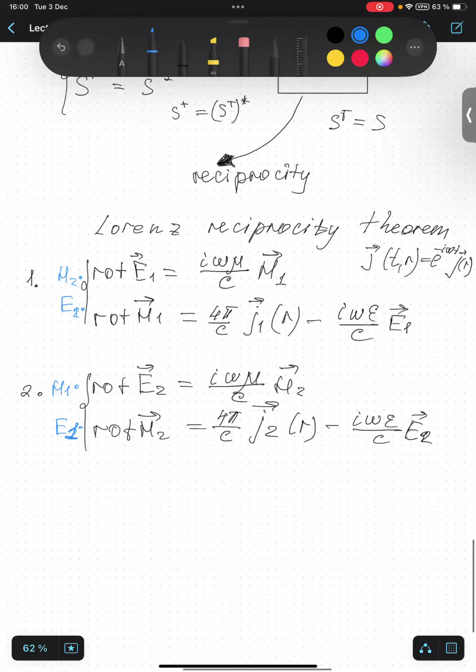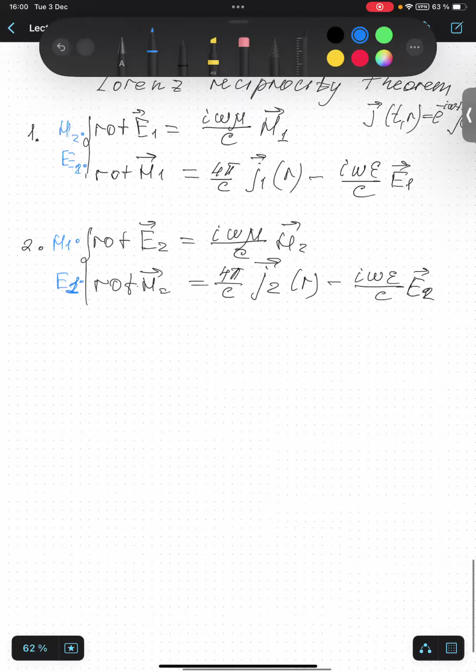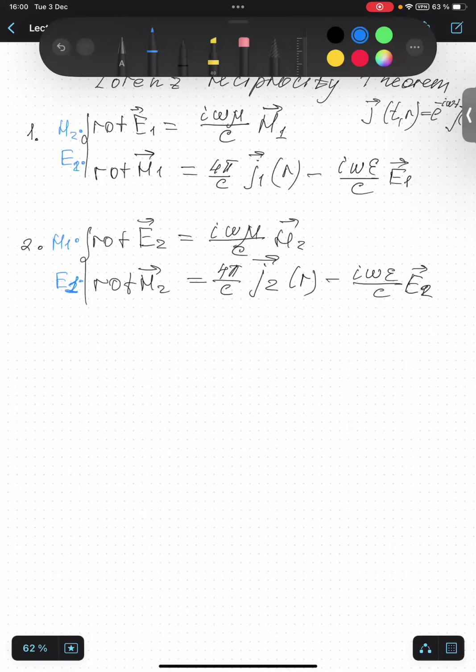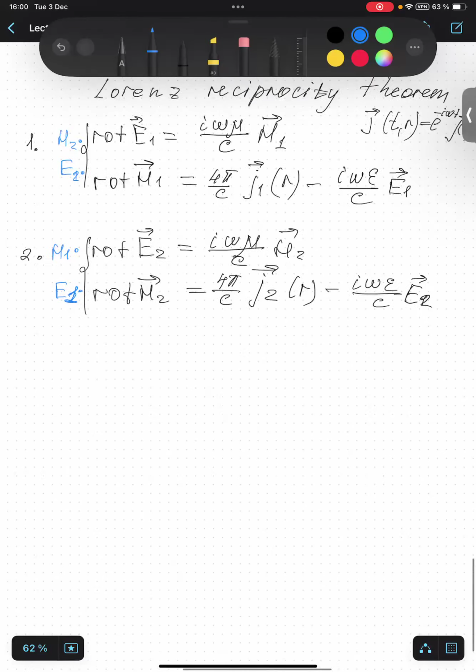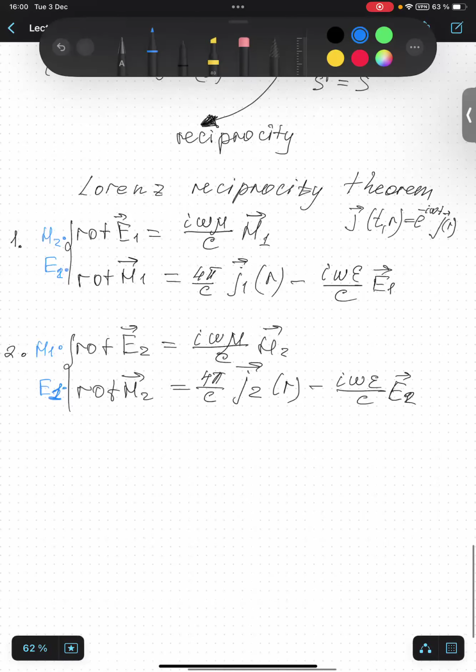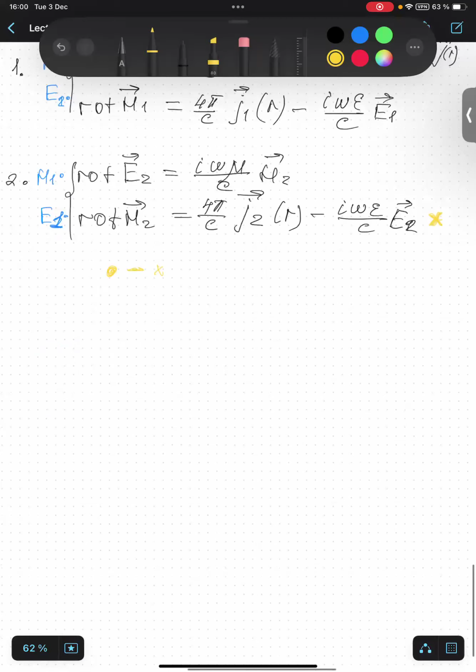Yes, now it's correct. And let's subtract. Let's consider this equation, for example, and this one.